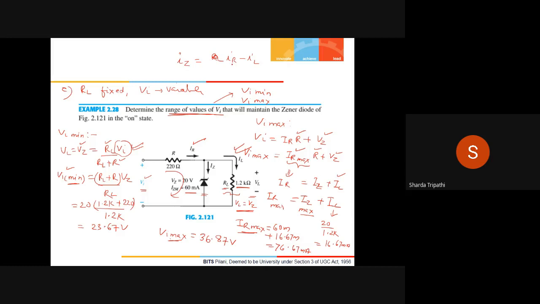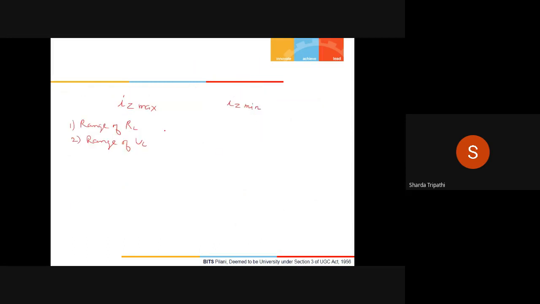So you write down the expression for IR, this will be VI minus VZ by R and this IL would be VZ by RL. तो ऐसे एक expression आएगा current का through the Zener diode and this expression of current which is in terms of RL, this you have to place in between these two inequalities.